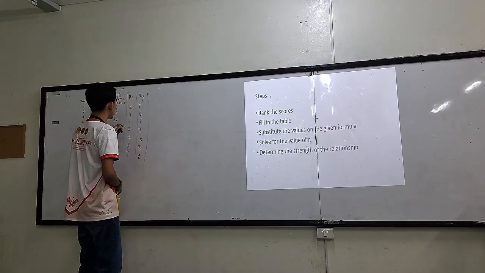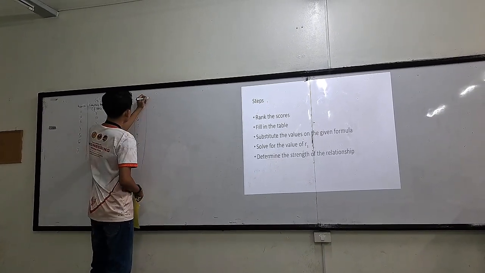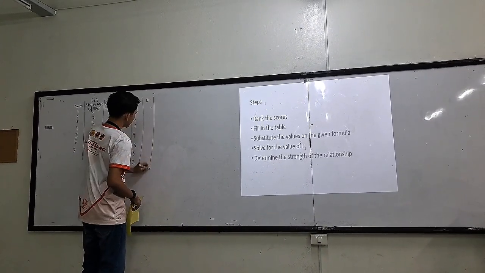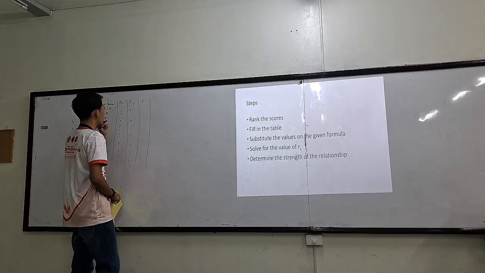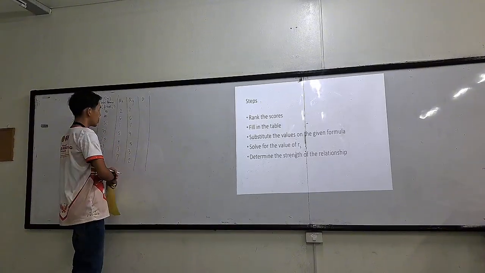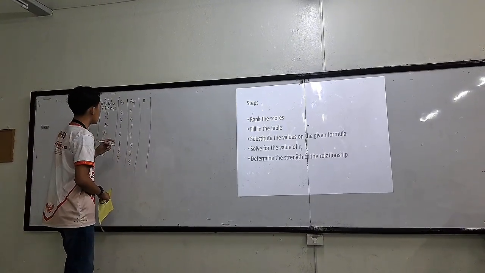No ties for the values, so find the D. The only thing we do is subtract, to get the difference of the Rx and Ry.